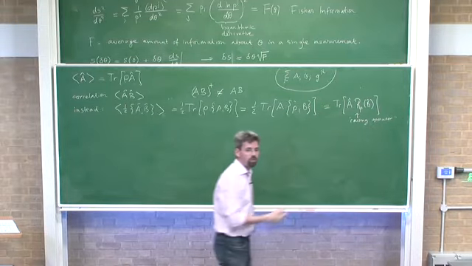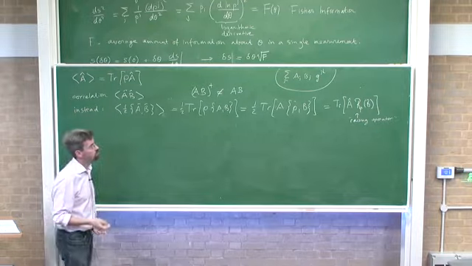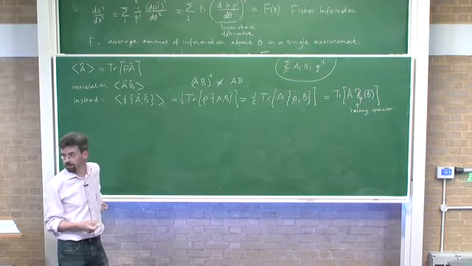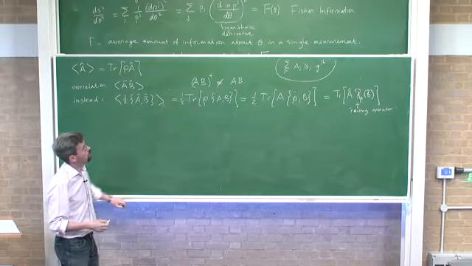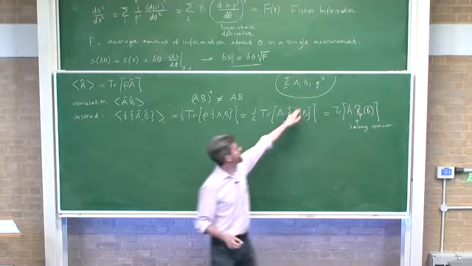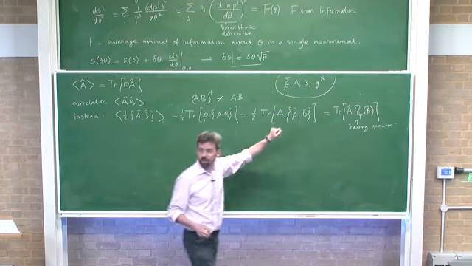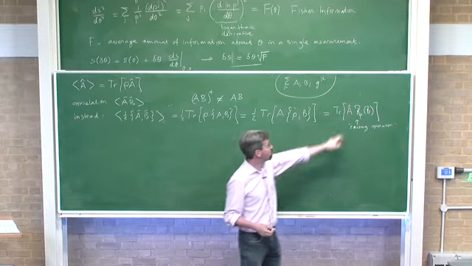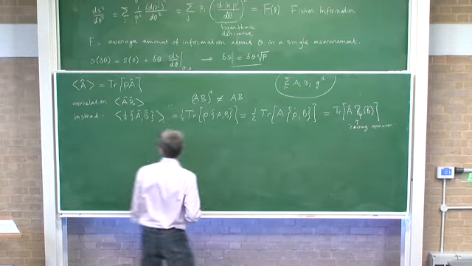Not raising in terms of ladder operators, but in terms of the covariance and contravariance of the vectors. And so remember that we needed to get this thing down, so we needed to look at the inverse of this operator.